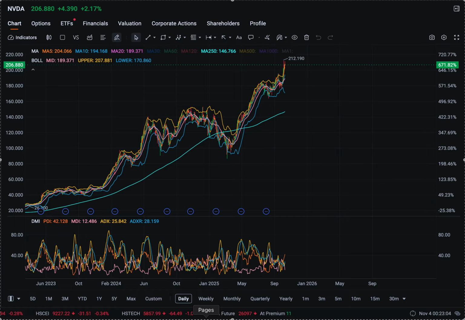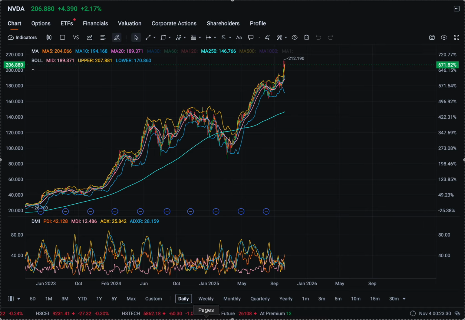A lot of people are concerned about the movement of the stock. Let's see if this indicator is actually telling us anything, and then we're gonna do a back test next week or the week after. So this technical indicator is called DMI.